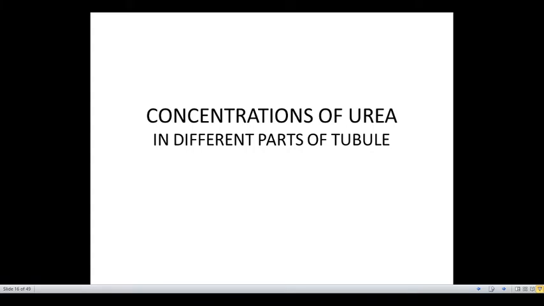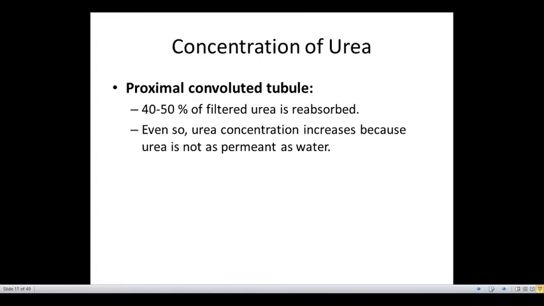Now let's study concentrations of urea in different parts of tubule. In proximal convoluted tubule, 40 to 50% of filtered urea is reabsorbed, and even so urea concentration increases because urea is not as permeant as water in this segment.